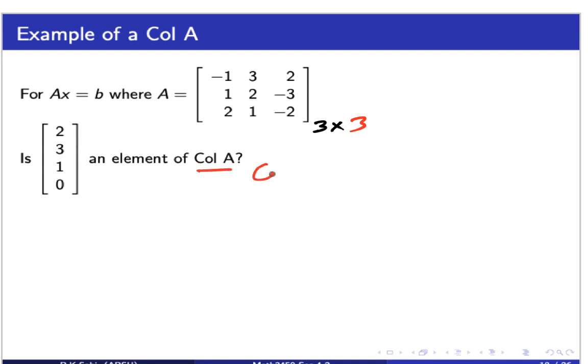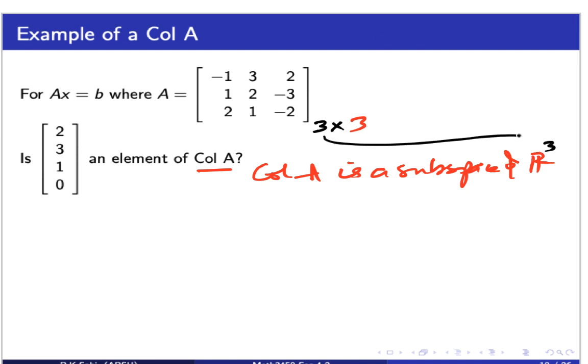And we know that the column space of A is a subspace of R3. So clearly, these two numbers match. So any element of the column space should be an element of R3.